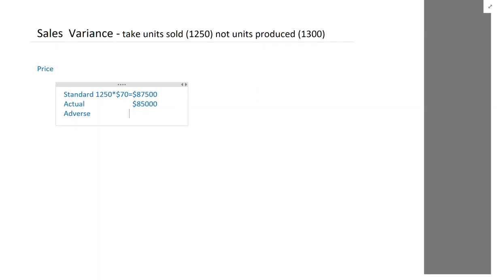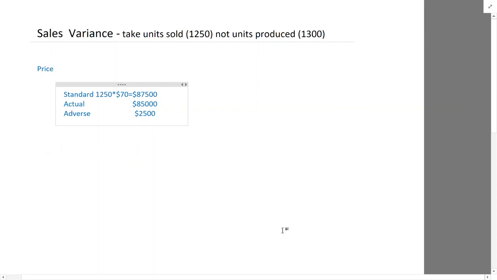Now this should result in favorable volume variance. If price is less, if this is adverse, it means we sold it cheaper. If we sold it cheaper, that means demand should be higher. Yeah? It can be higher, it can be, but this is what theoretical, this is how they are linked. Okay? 2,500.